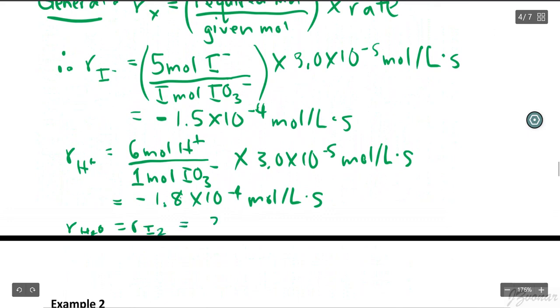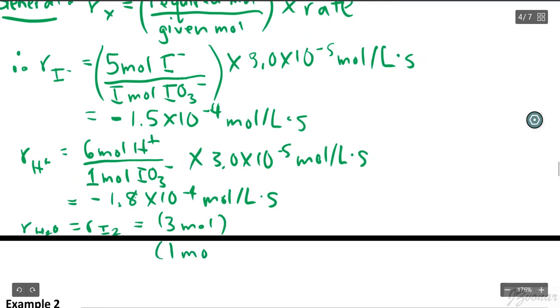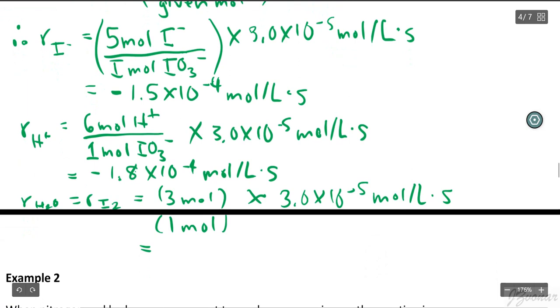And they're going to be exactly the same, which is 3 moles over 1 mole times, so we're dividing that, folks. I can't put it in here because I've run out of space, but hopefully you get the idea of what I'm doing here. Moles per liter per second. And I multiply that and divide by 1, and I get an answer of, it's positive because it's being produced, so it's a positive value, and it's 9 times 10 to the negative 5 moles per liter per second.